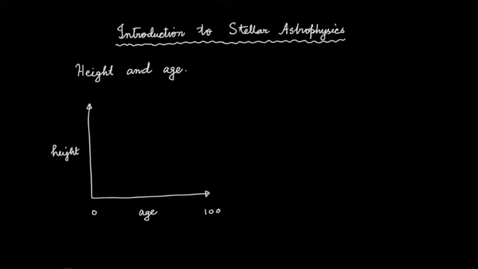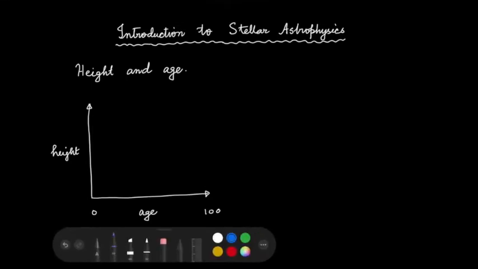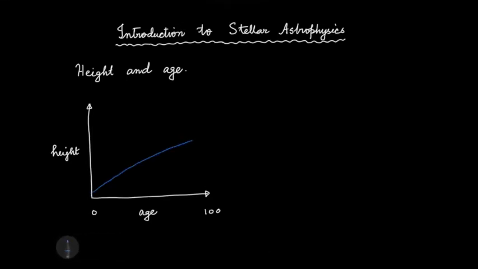And I see that all the data points that I get lie in this band. Okay, all the data points lie in this band. So this is a band which defines all the data points.